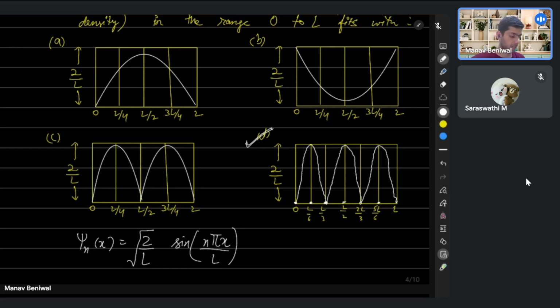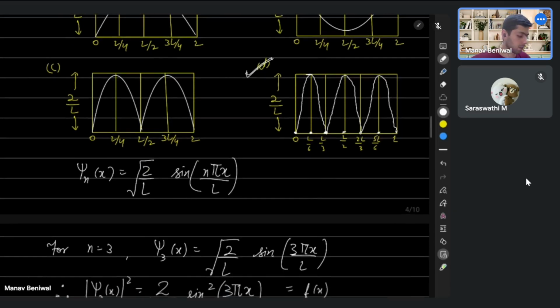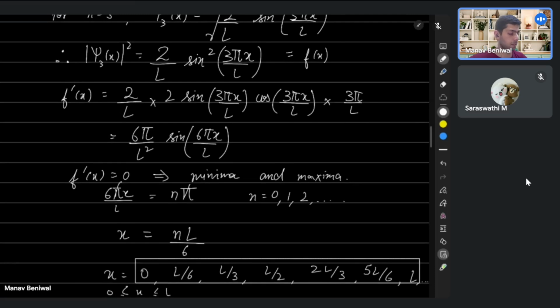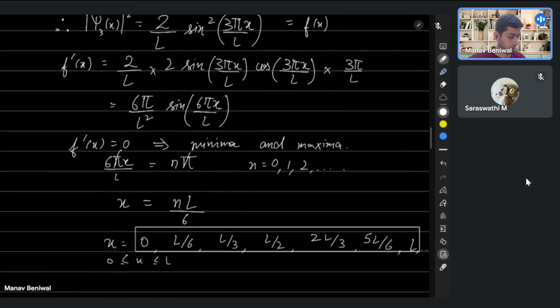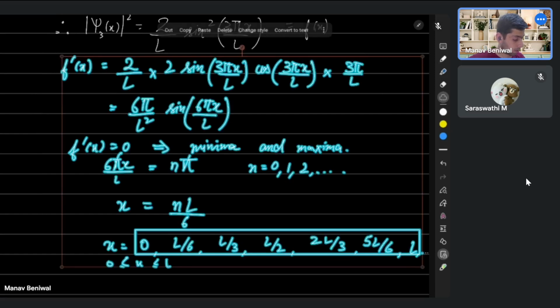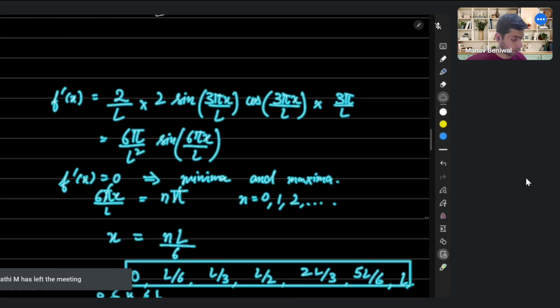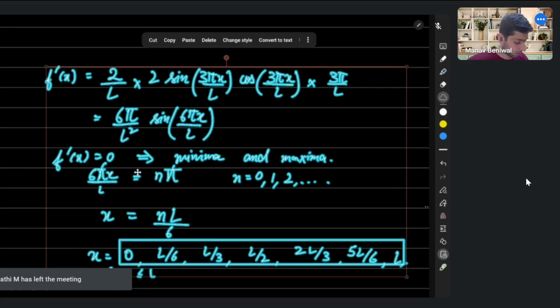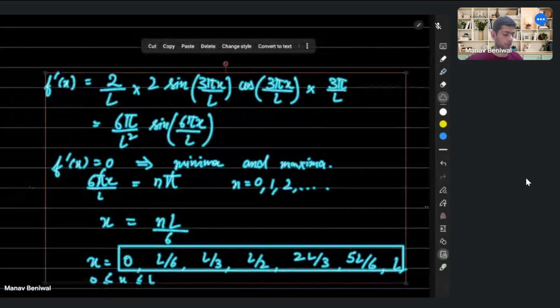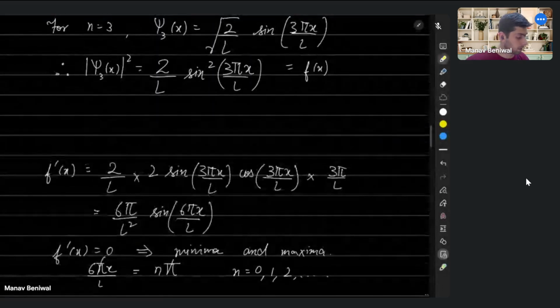Now we can also verify this: if this value is L by 2, we just have to put L by 6 in f of x.